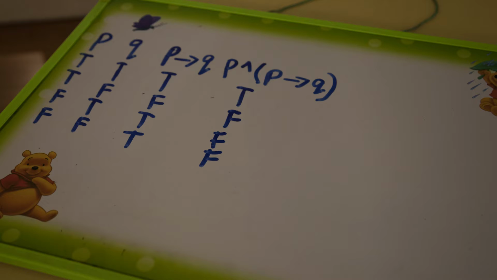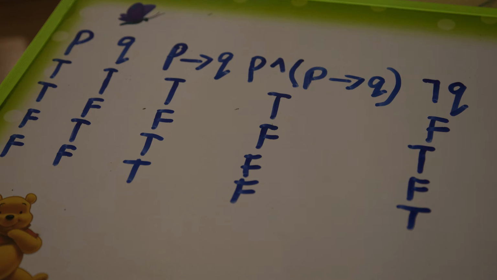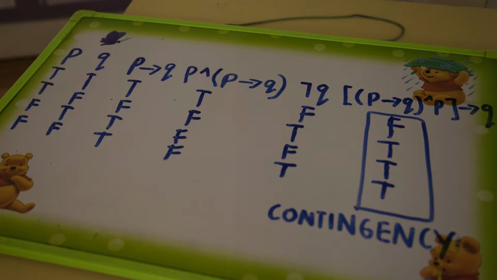Next is P and P implies Q. Using the conjunction sign, it makes the statement true, false, false, and false. After that, we negate Q, reversing the sign of Q, which is false, true, false, and true.